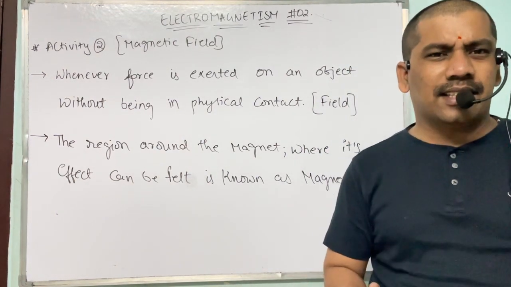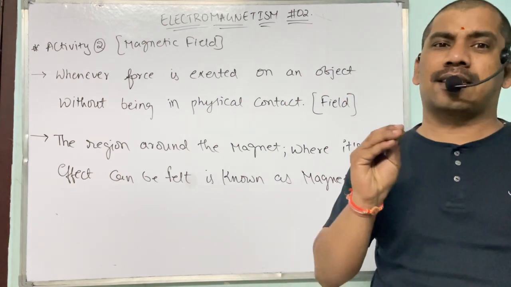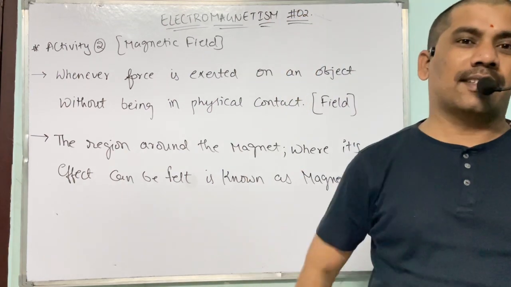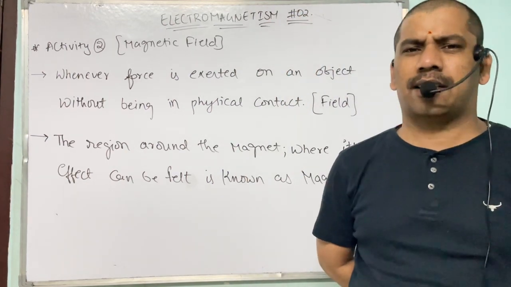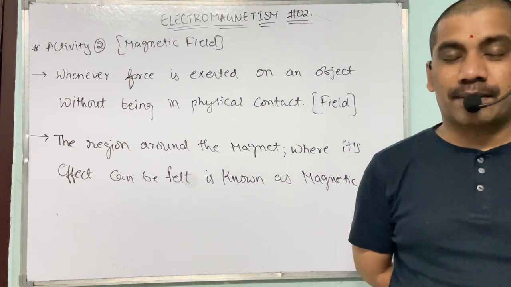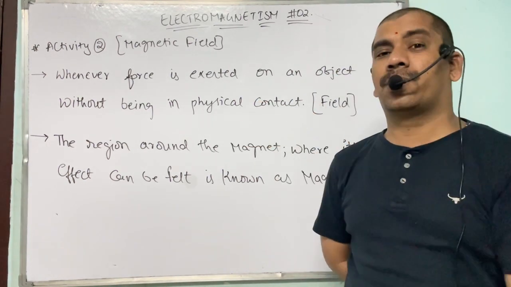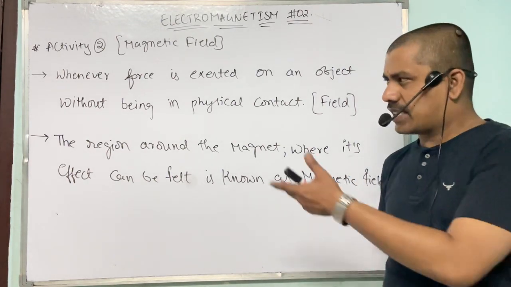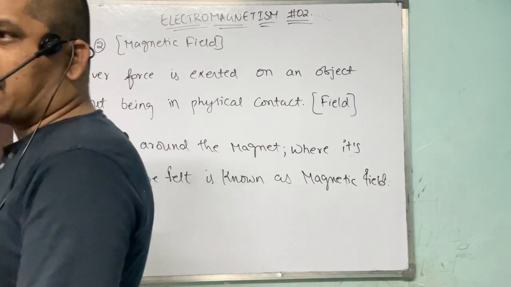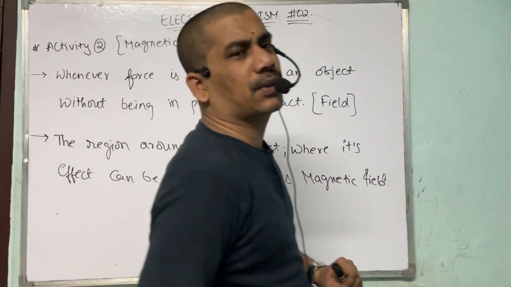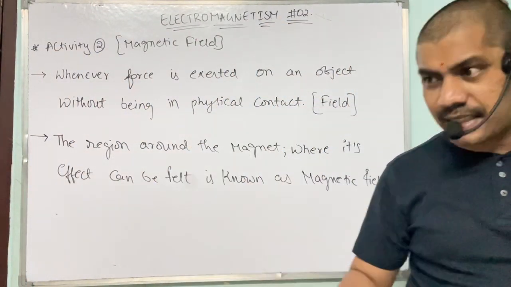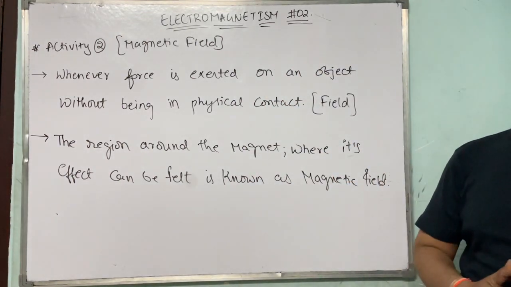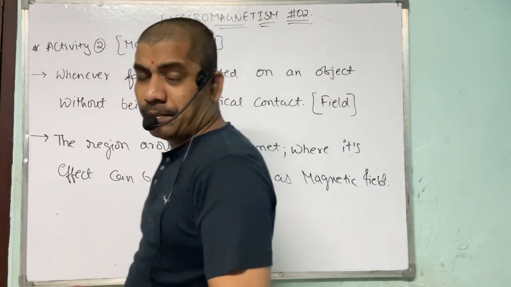ये बेसिकली फिल्मों में देखा जाता है, पुराने जमाने में हुआ करता था. सो इलाका मतलब फील्ड. अभी इलाके का मतलब पता चल गया ना, एक ऐसा जगह जहां पे हमारा असर चलेगा. हम यहां बैठे बैठे किसी को भी डरा सकते हैं, अगर फिल्मी वे में बोलूंगा तो. वही तो होता है ना डॉन का इलाका. वैसे ये मैग्नेट का भी अपना इलाका होता है कि उसके चारों तरफ वो अपना असर जरूर छोड़ेगा. जहां तक उसका असर दिखाई देगा या महसूस होगा, उस जगह को हम मैग्नेटिक फील्ड कहेंगे. इज इट क्लियर ऑल ऑफ यू?